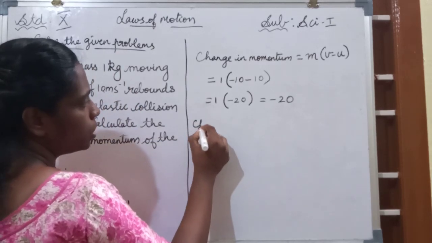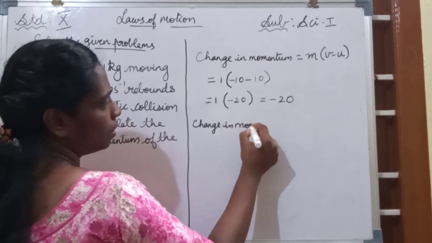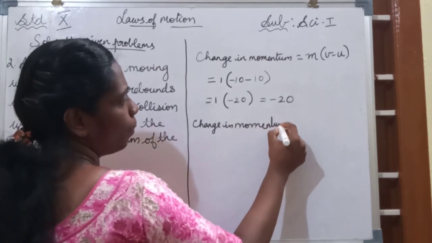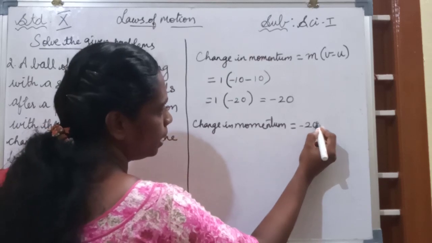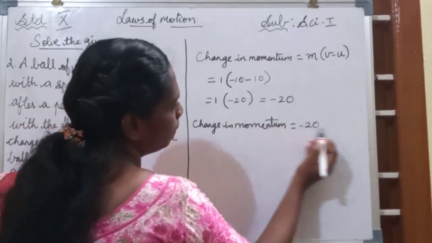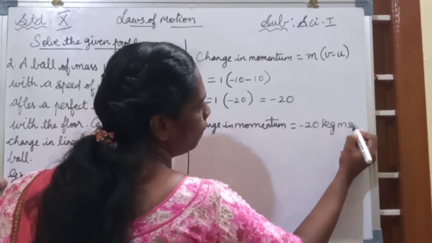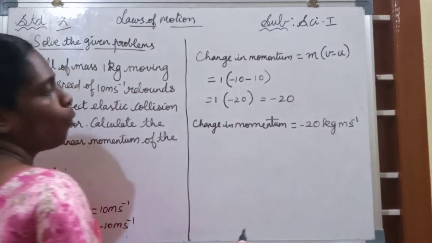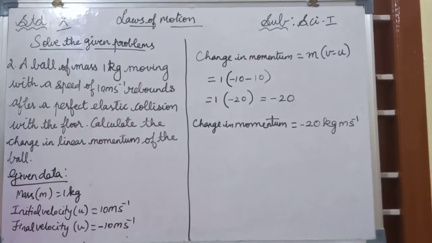Now the change in momentum is equal to minus 20, and I told you what the unit for change in momentum is. It is kg m/s. So this is the answer for the second question.